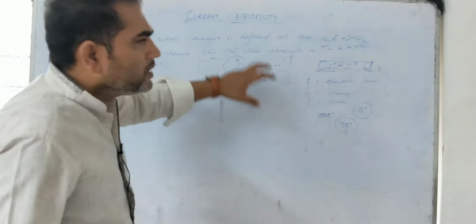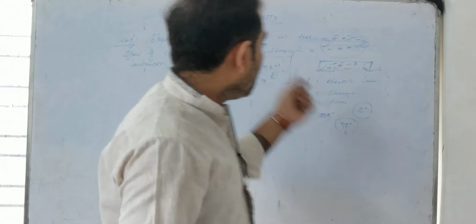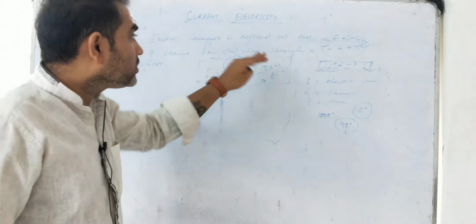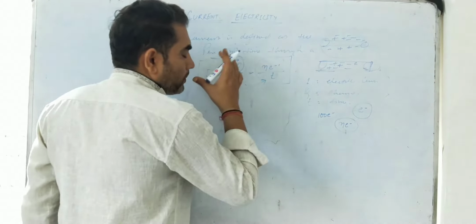If there is a question to define electric current in terms of the flow of electrons, not the flow of charge, we can represent it like this.